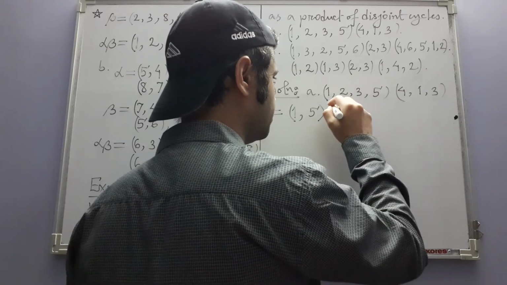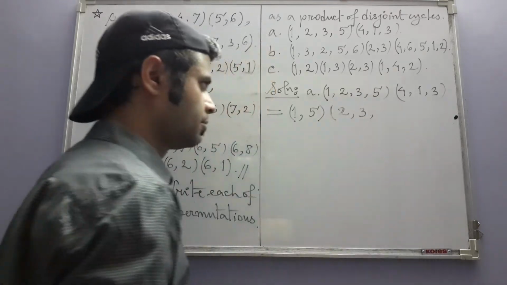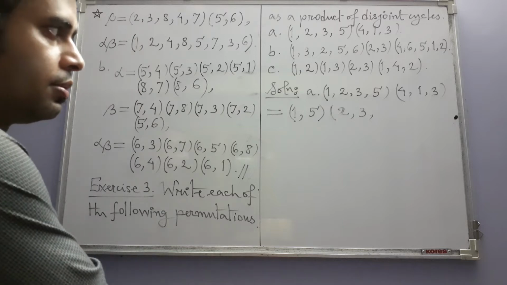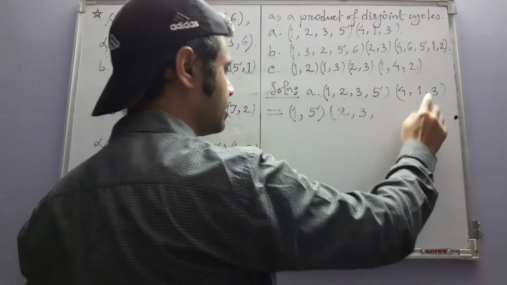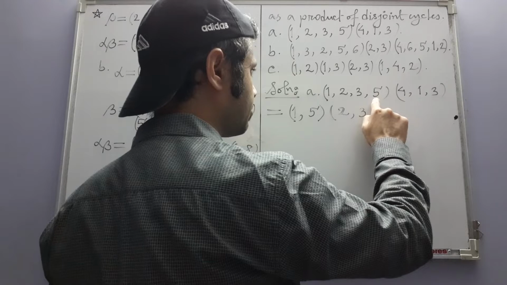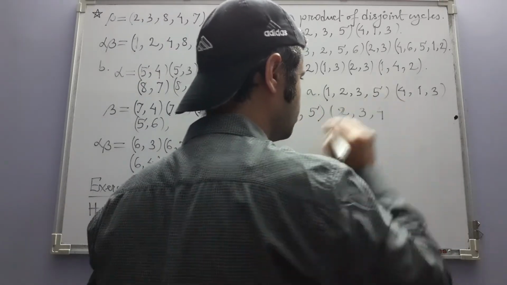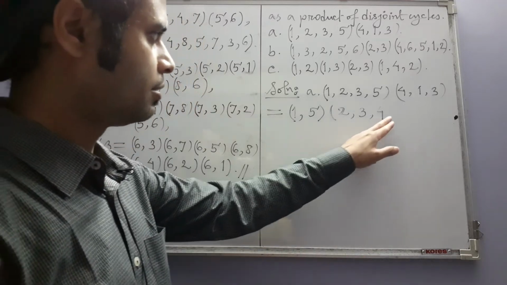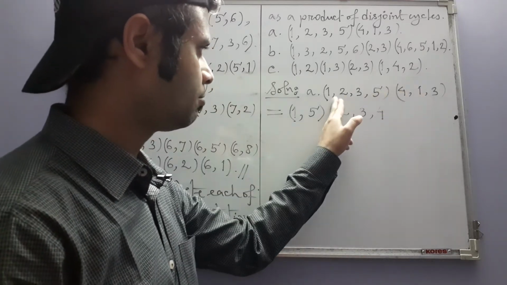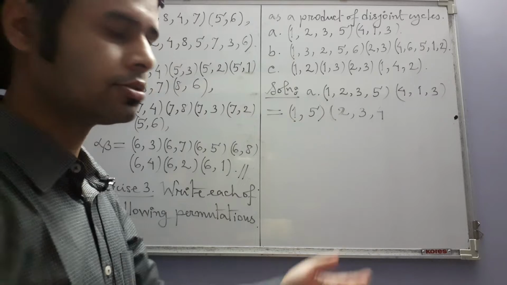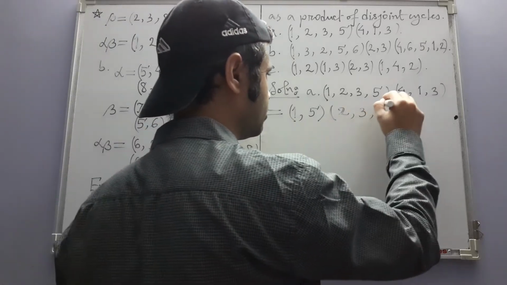So 2 to 3. Then 3 is changed by this one and 3 goes to 4. However, 4 is unchanged by this. So 3 goes to 4. Then 4 goes to 1, 1 goes to 2. That means 4 goes to 2. So 4 goes back to 2.